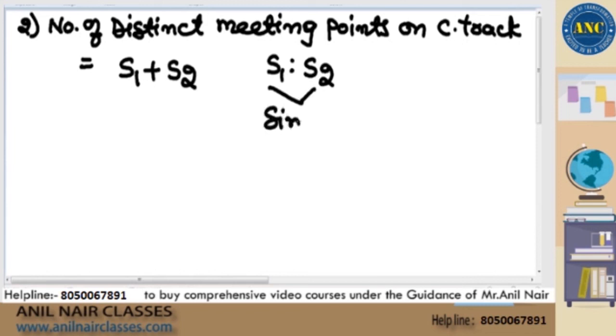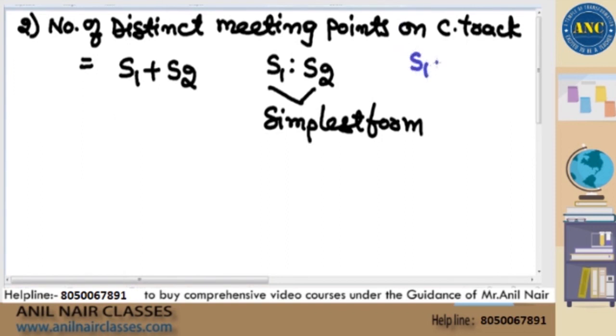Why is it plus? Because both of them are traveling in the opposite direction. If they travel in the opposite direction, total distance is proportional to the relative speed, assuming that time is constant. Speed should be in its simplest form.